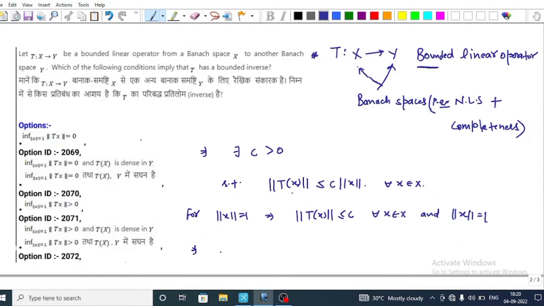And this further implies norm of Tx, where c is greater than 0.